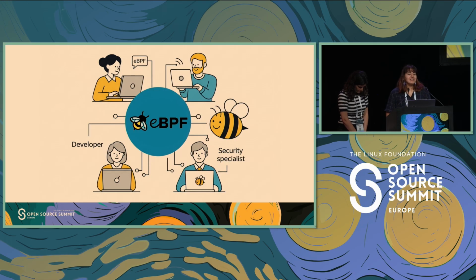And the E in the eBPF is what makes it interesting. It stands for extended, which means that it turns it into a superpower for the entire operating system that goes beyond just networking into observability and security.